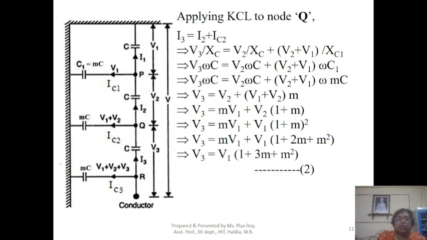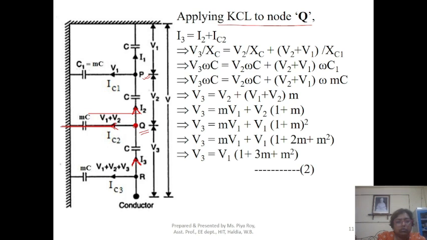Now, same way, in the previous slide we applied KCL for the P node and now we are applying KCL for the Q node. So Q node is here, this is your Q node. So we are applying KCL there. Again the same logic: the current entering this node is I3, and the current leaving from this node is I2 and IC2.